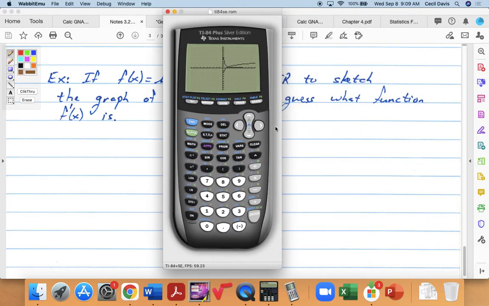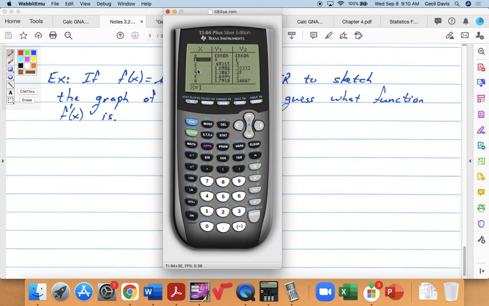Now let's see if we can guess what this is. And I think I'm going to look at the table to help me out. So when x is 1, the derivative is 1. That's interesting. When x is 2, the derivative is 0.5, which is better known in fraction form as 1/2.